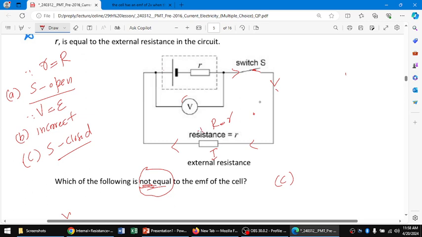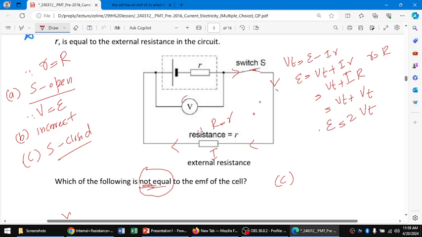The formula is Vt equals E minus Ir, so E equals Vt plus Ir. You know that small r is equal to capital R, so Ir is also equal to IR, which is Vt, the terminal potential difference.